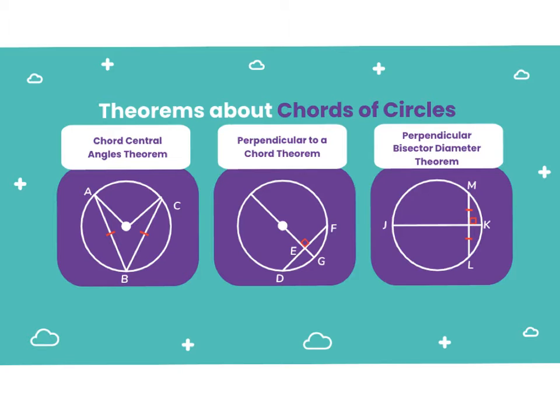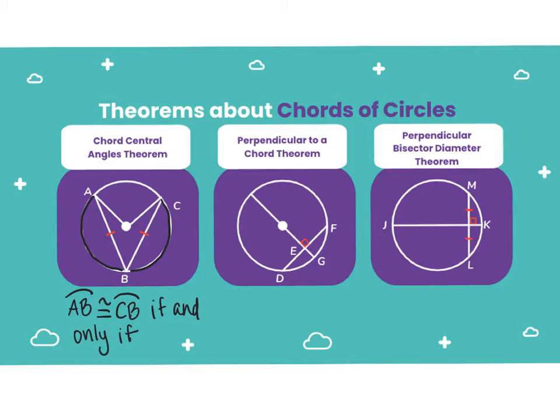So what we can infer from the diagram here is that arc AB, which would be this arc here, is congruent to arc BC, actually that would be arc CB, if and only if segment AB, which would be this segment here, is congruent to segment CB.